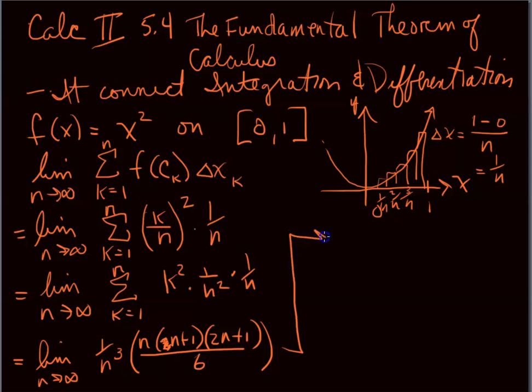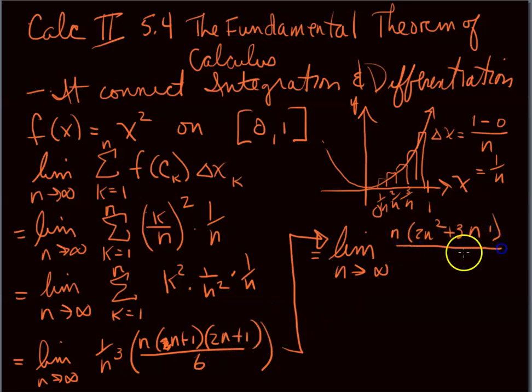Okay. So then we take the limit as n goes to infinity, and we're going to multiply this thing out. Let's leave the n alone, but this is 2n squared, 2n and 1n is 3n, and 1 times 1 is 1, over n cubed.